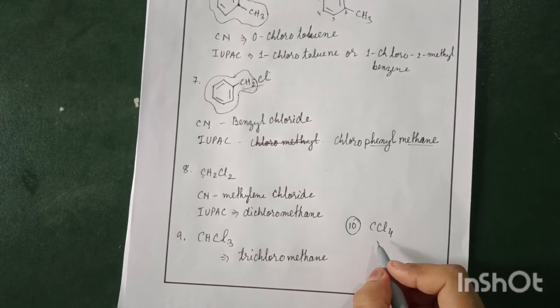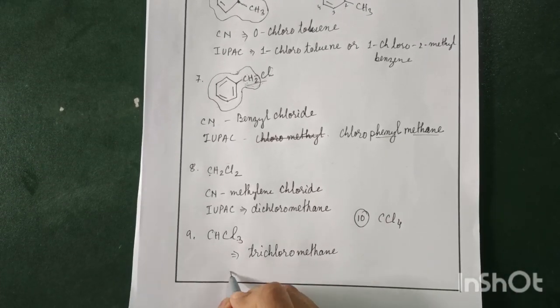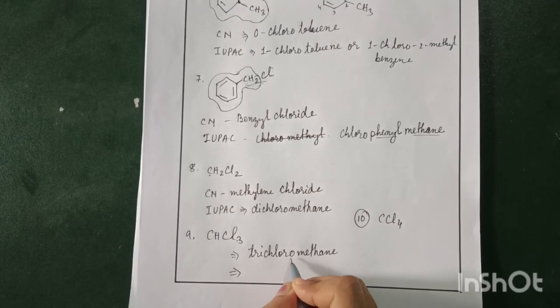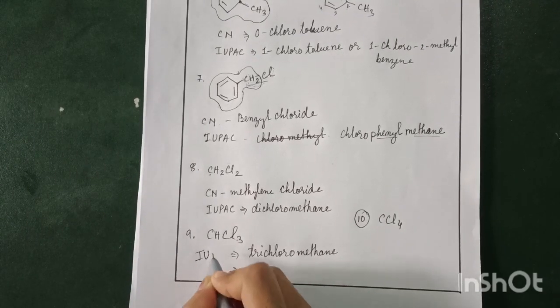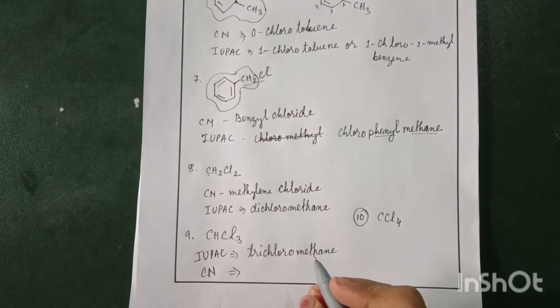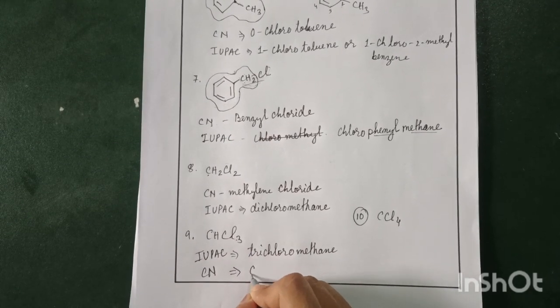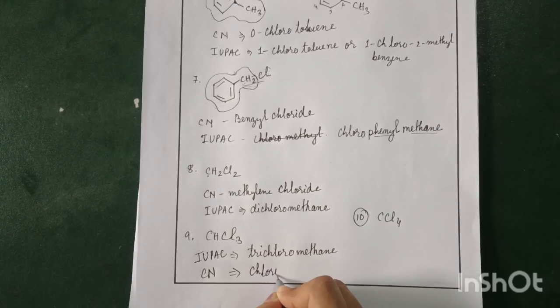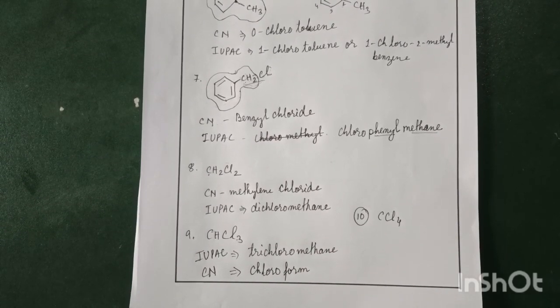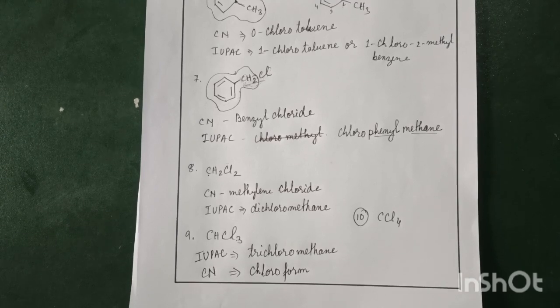This is called trichloromethane in the IUPAC name, and in the common name it is called chloroform. Now let us go to this.